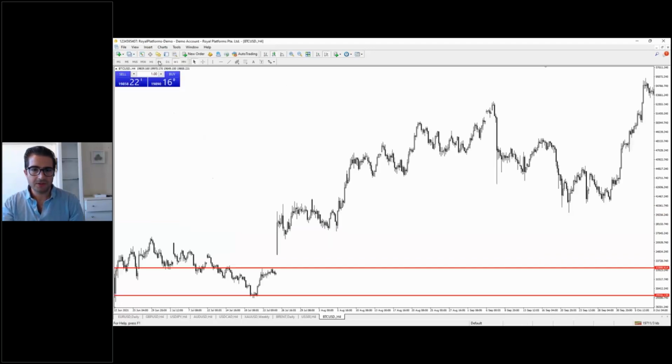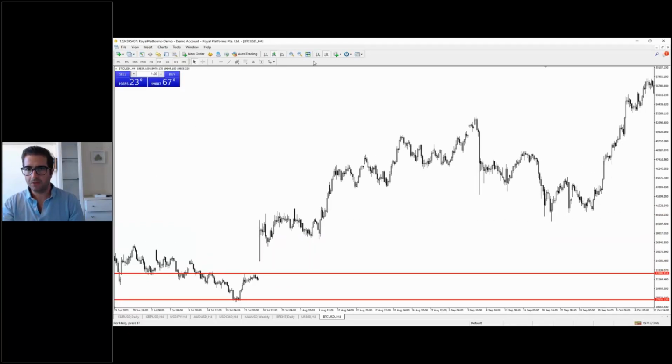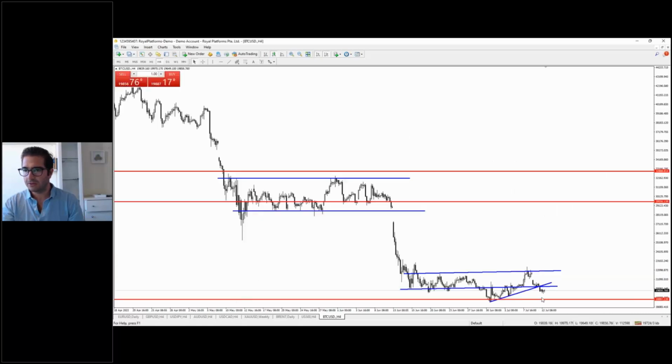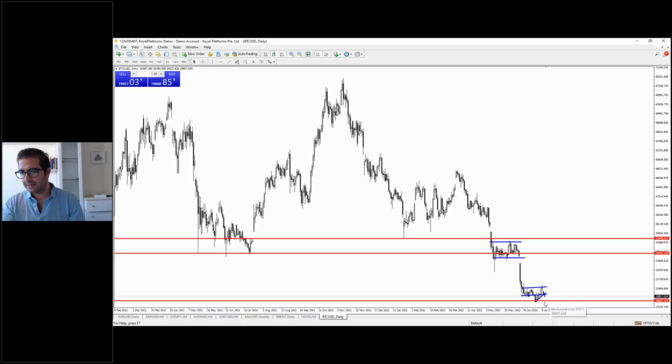So first stop, maybe now we are about to reach, it's already tested, so we might test it again, and then we could wait until this 18,000 is broken to see if there will be a further movement to the downside. For now, let's wait until this parallel channel is broken.